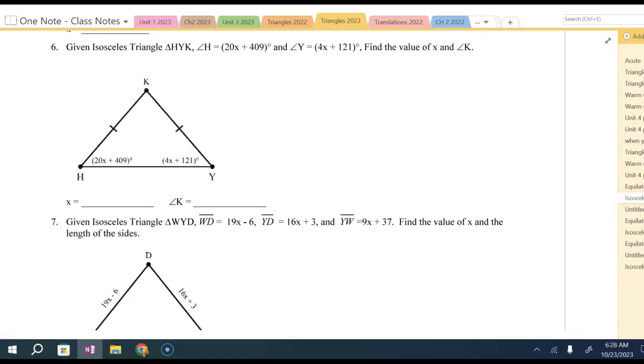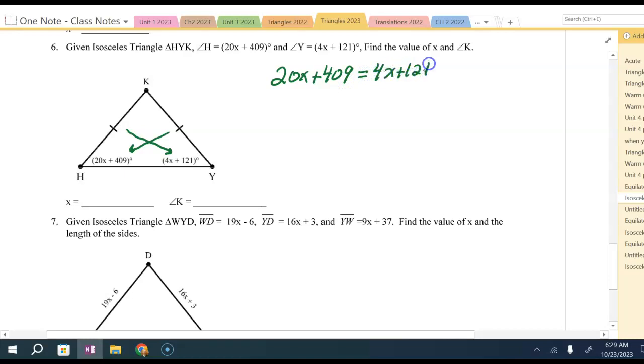So in problem number 6, we have some more algebra again. Across from the legs, the base angles are equal. So 20x plus 409 is equal to 4x plus 121. We want to get the x's on the same side, so I'll subtract 4x. We'll get 16x plus 409 is 121.